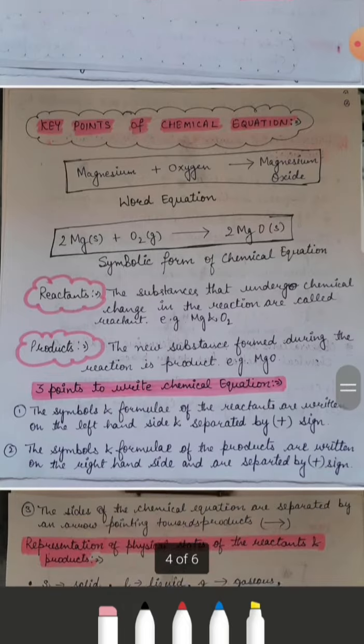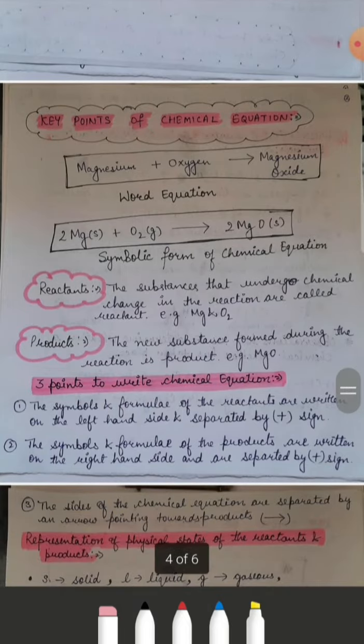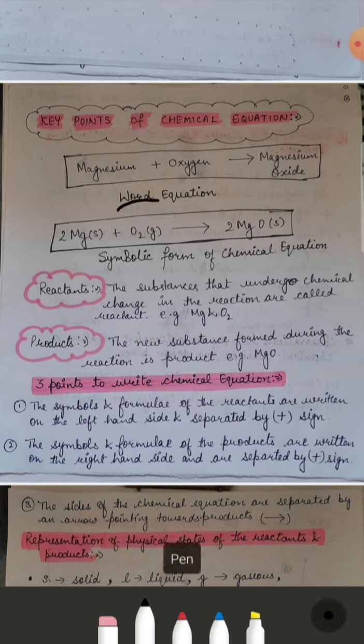So let's see some key points for chemical equations. I have taken one equation from your NCERT, that is magnesium plus oxygen gives rise to magnesium oxide. I have written full spellings in this, so we call it a word equation.